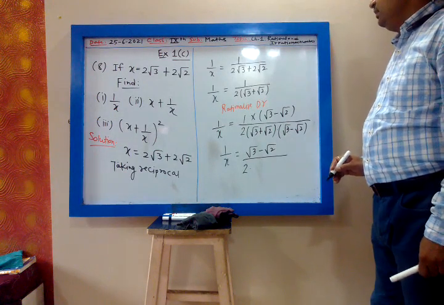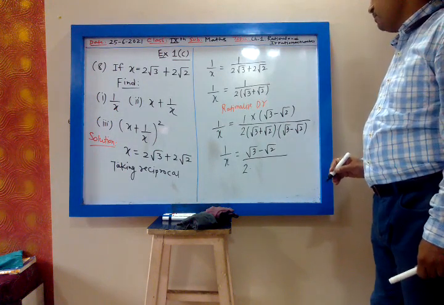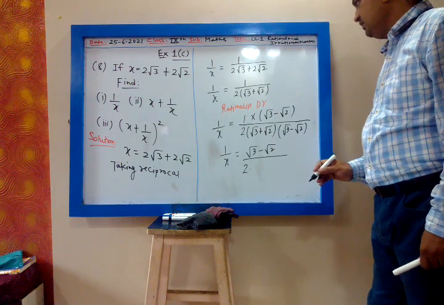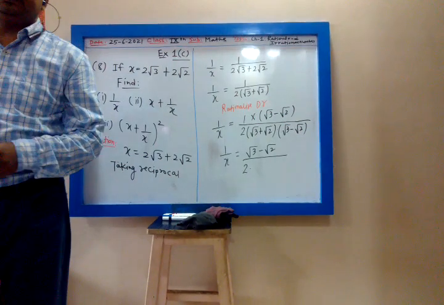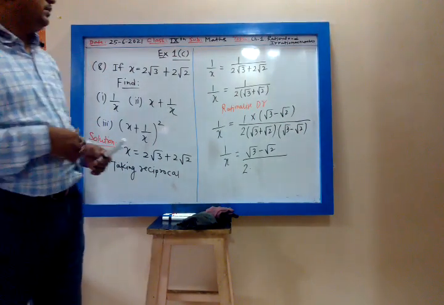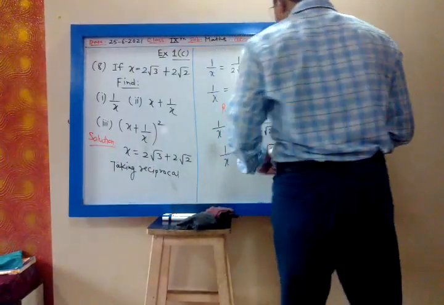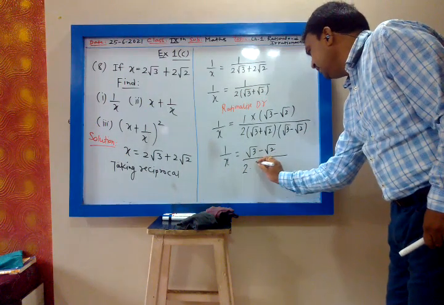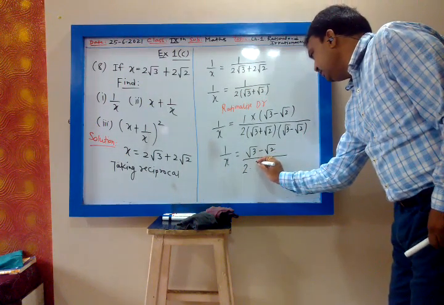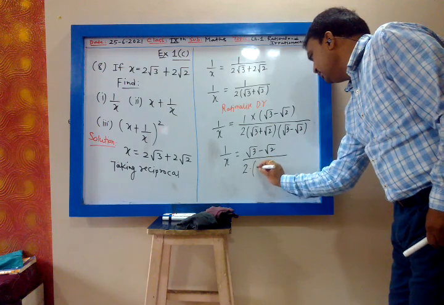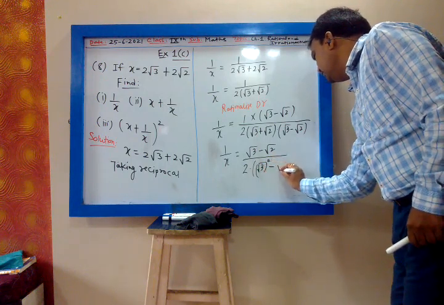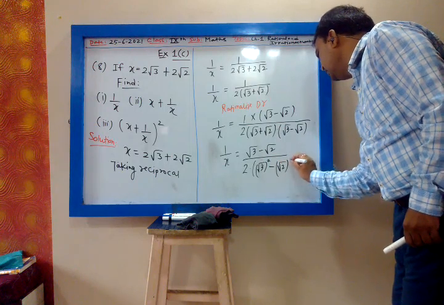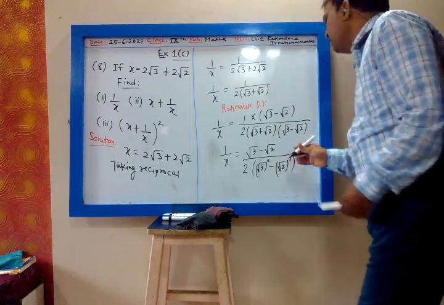A plus b into a minus b. It is very much clear. So that will be 2 into root 3 square minus root 2 square.